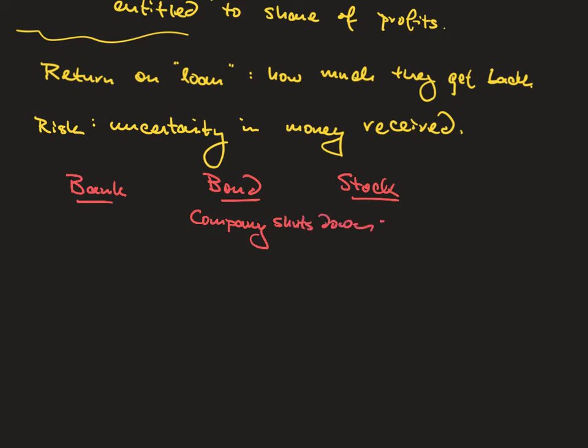And actually, that's true for stocks as well. So if you loan your money to a company and then the next year the company shuts down, you get nothing back. Now, banks, I'm just going to mention that if a bank shuts down, the amount that you saved in the bank is insured by the federal government.